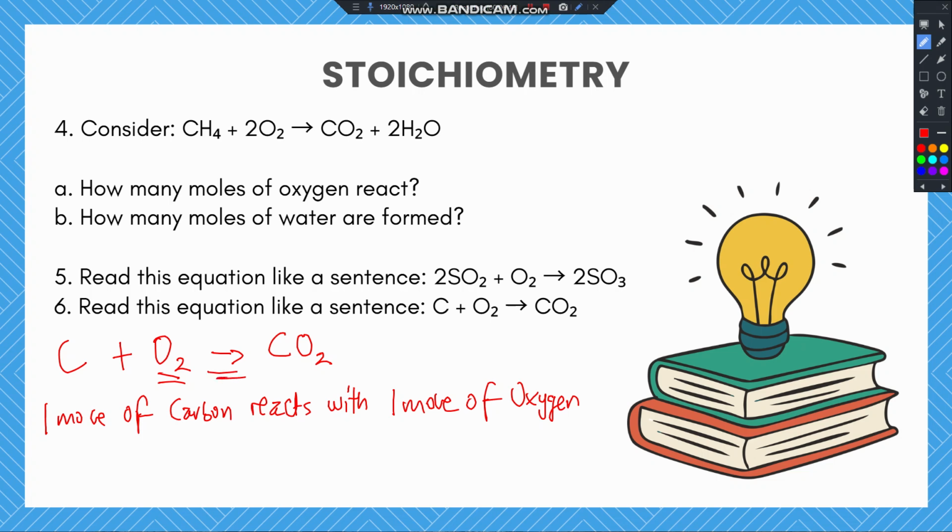And then we come to the arrow, to produce 1 mole of carbon dioxide.